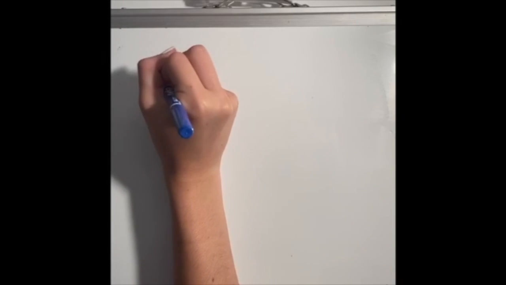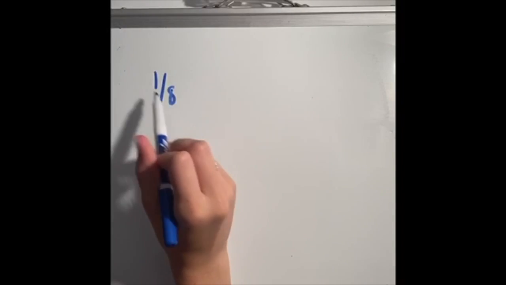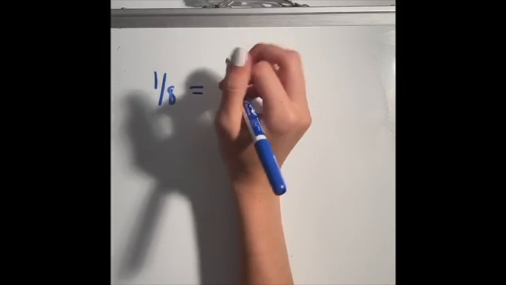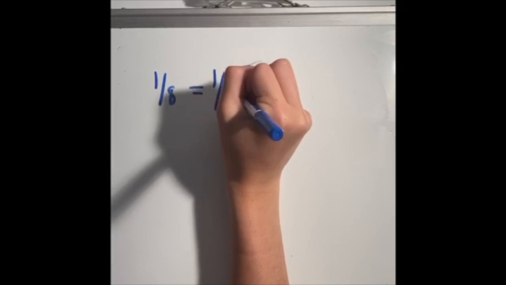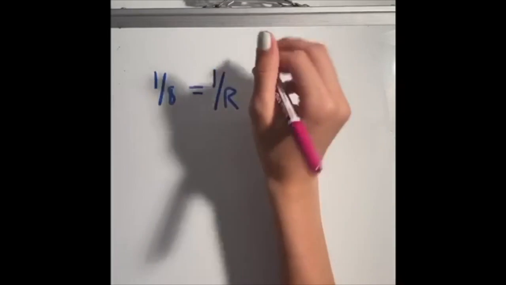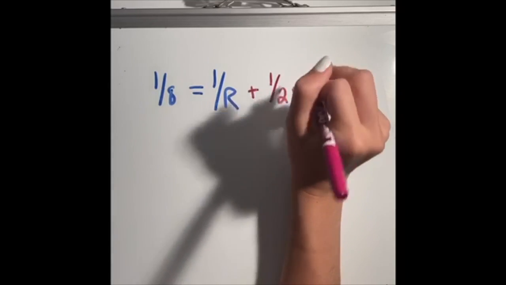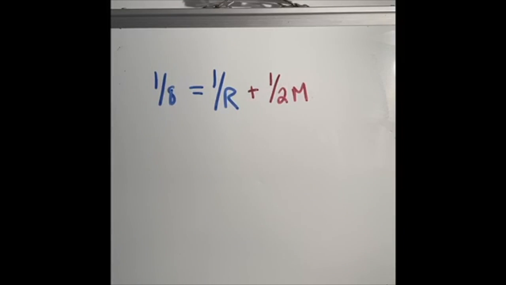So when we put all of the equations together, it will be 1 over 8, so 8 hours for one deck, equals 1 over R for Riley plus 1 over 2M for Madison.